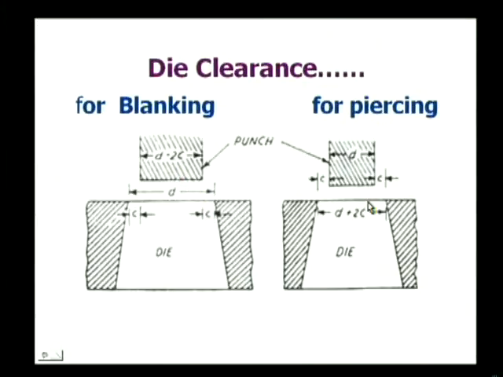Whereas in case of piercing operation, also called punching operation, the clearance should be provided on the die, because during piercing or punching operation, the dimension of the hole is important. To punch a hole of required size, the punch size must be exact and the clearance is provided on the die. So the net opening is D plus 2C, where C is the clearance on one side.